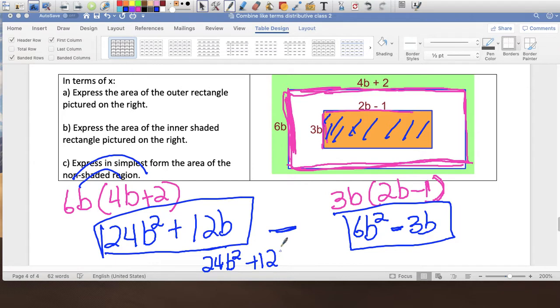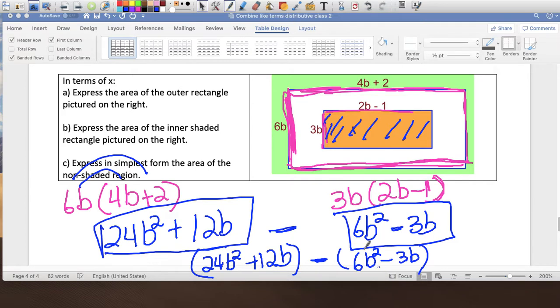Because the area of the big rectangle is this, not 24b squared, and not only 12b, but the combined sum of those. This, whatever this is, minus what we have to subtract. We're going to punch a rectangular hole in the middle, right? And that hole in the middle is represented by 6b squared minus 3b, so it's represented by that.